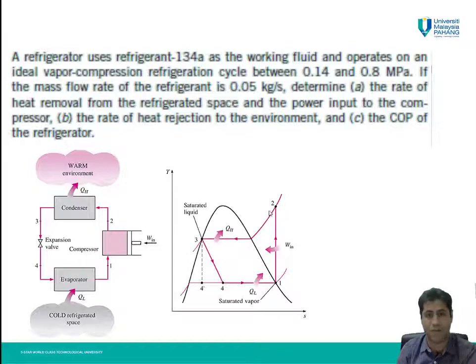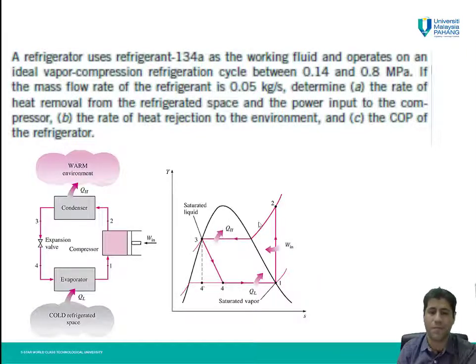Actually, the process from state 2 to state 3 is an isobaric process, and pressure at state 2 and 3 are identical, and pressure at state 4 and 1 also is identical.